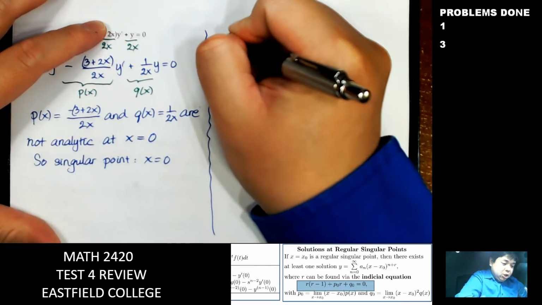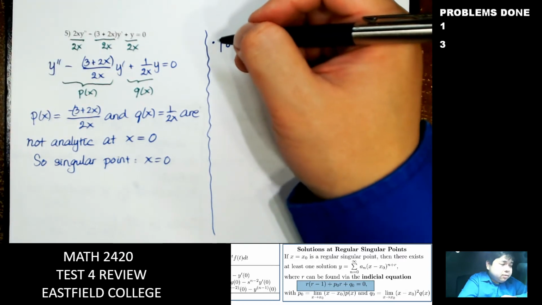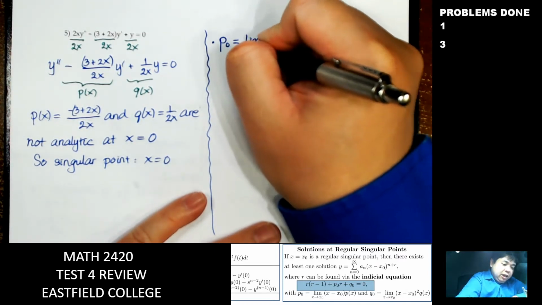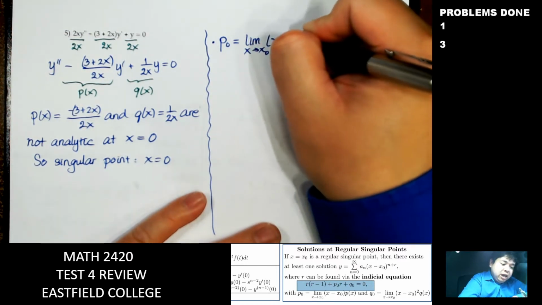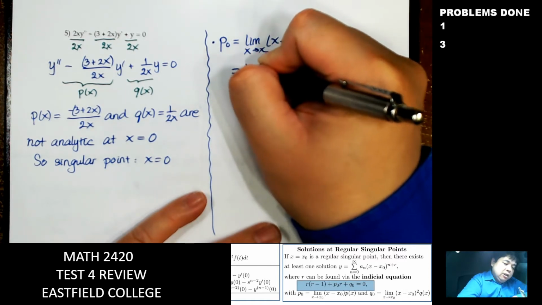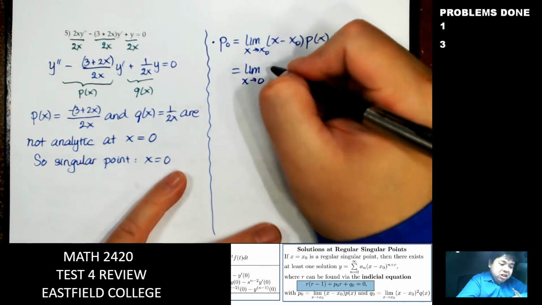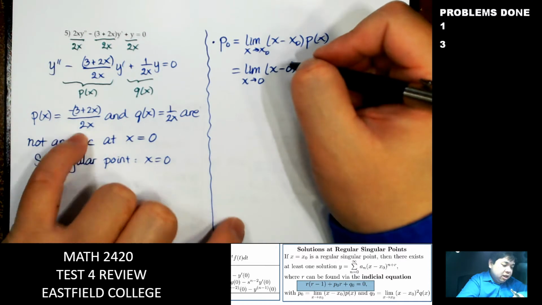Anyway, so we find P naught, which is the limit as x goes to x naught of (x minus x naught) P of x. Then we'll take the limit of x going to 0, which is x naught, x minus 0, P of x is this.